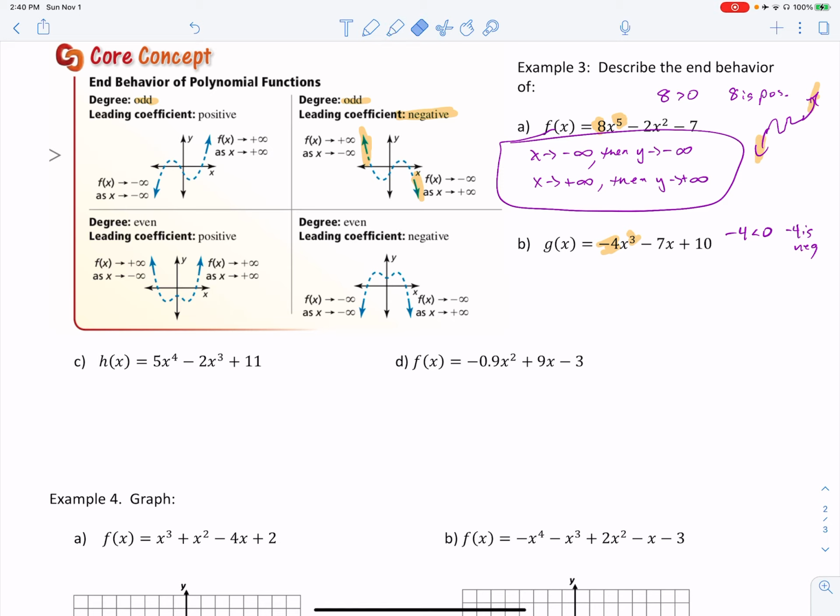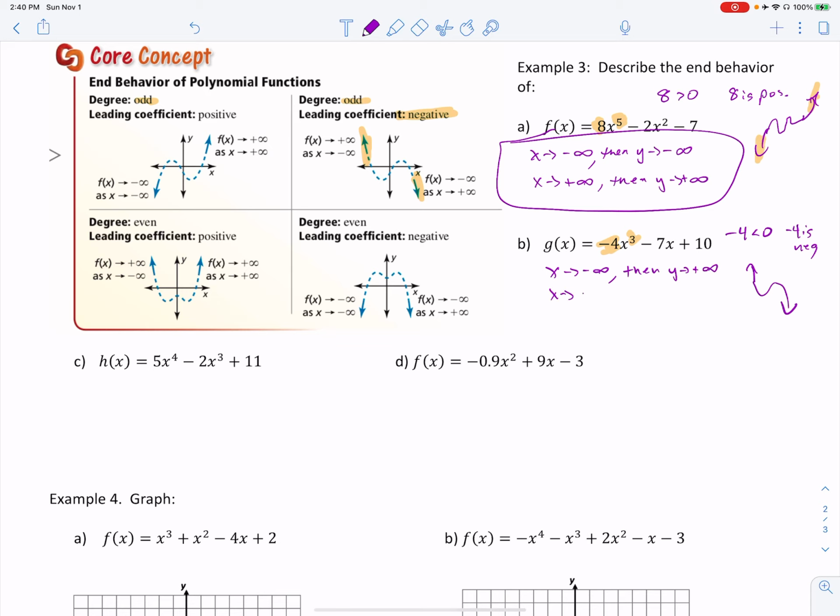So I know overall, on the left side, it's going up, but on the right side, it is going down. It has to. And so how we describe it is we do as x goes to negative infinity first, as you go to the left, y is going up, so then y is going to positive infinity.